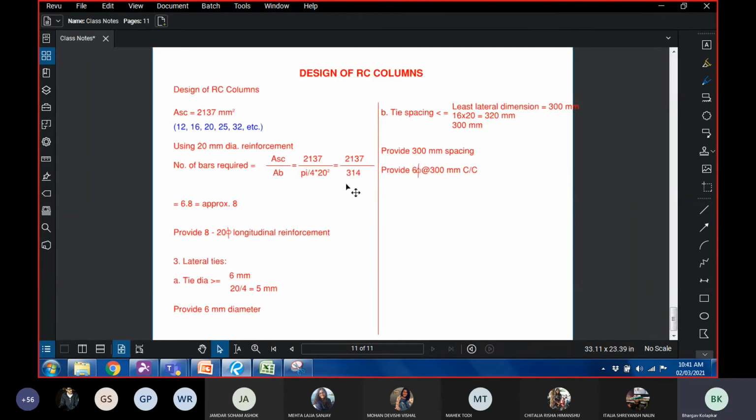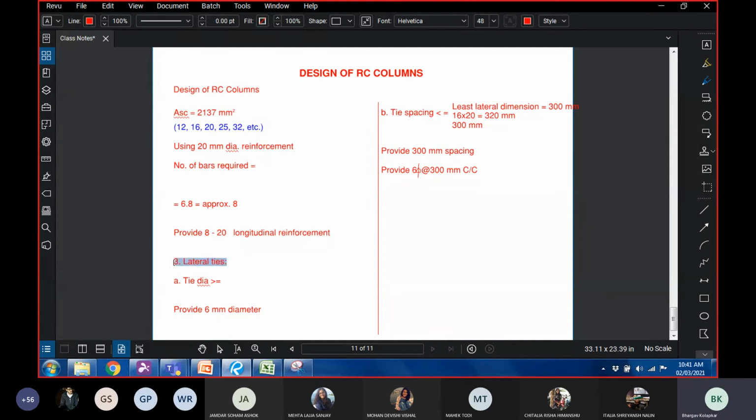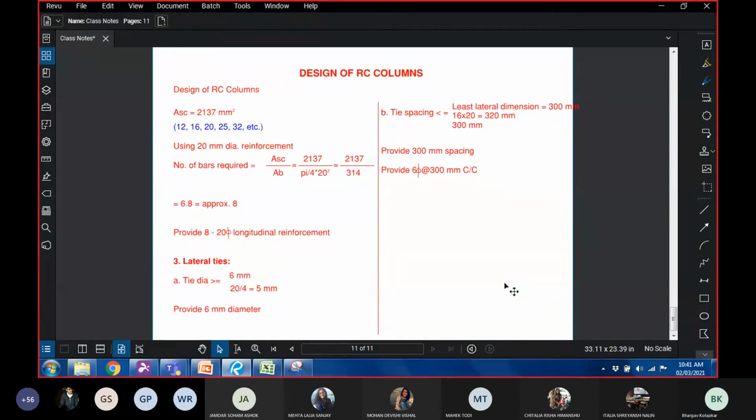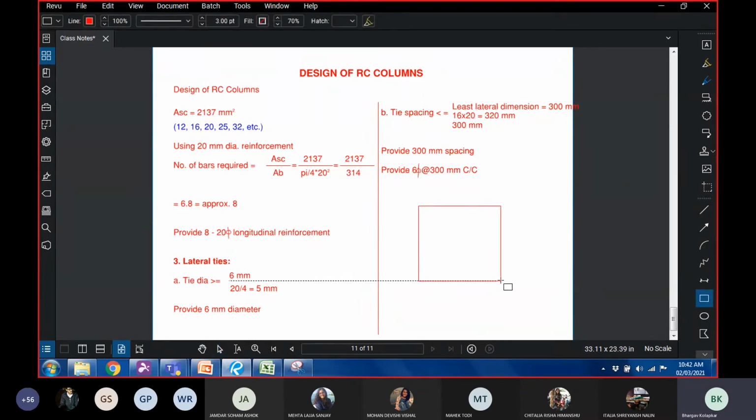So with this, we have finished our problem of designing columns. Now the last thing that is left is the question says draw a neat sketch to indicate the steel reinforcement. So we'll just quickly draw a sketch. So it has to be a 300 by 300 column.